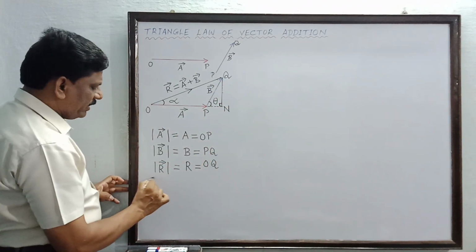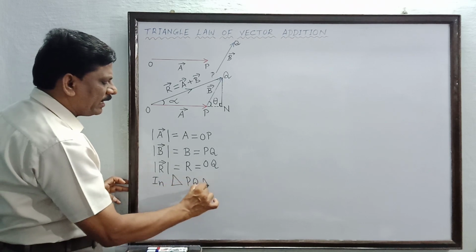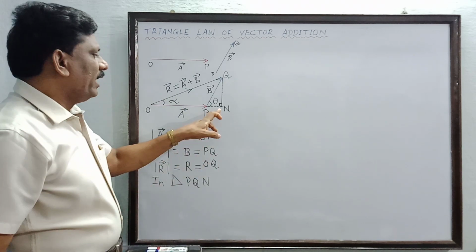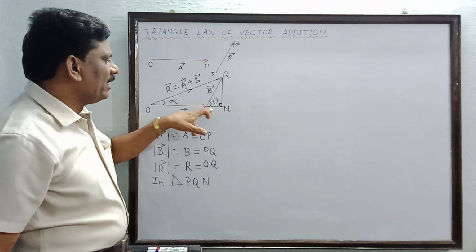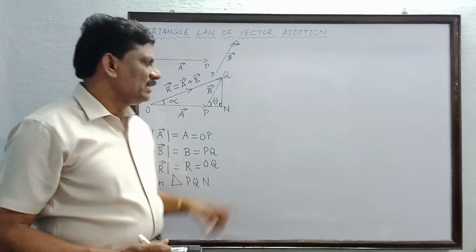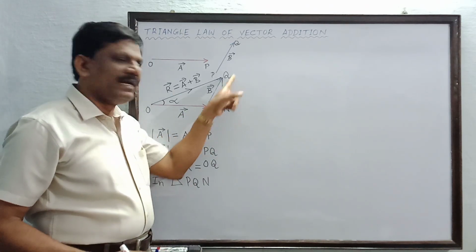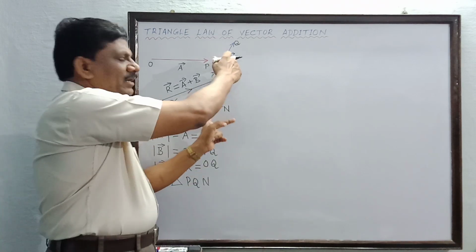In right angled triangle PQN, angle N is 90 degrees and angle P is theta. You tell me what is the value of sine theta in this smaller triangle. Sine theta is equal to what? Opposite side QN divided by hypotenuse PQ.